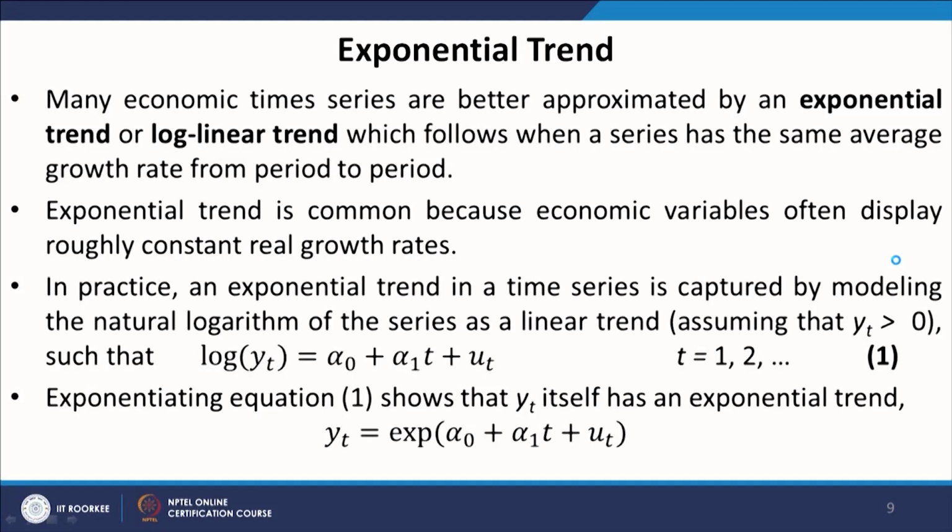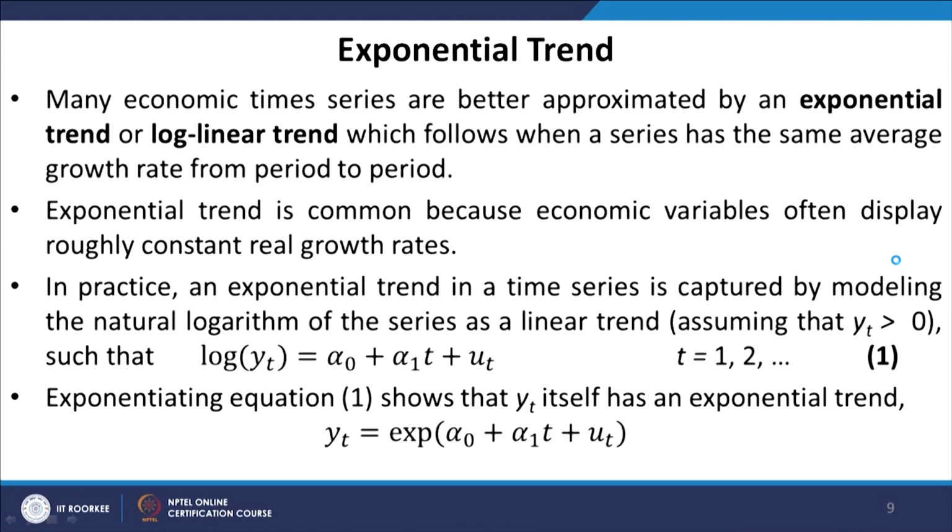Another type of nonlinear trend is the exponential trend, which is a very popular and common trend that we often use in economics, and this is popular also because it can be converted into linear form. So, many economic time series are better approximated by an exponential trend, or log linear trend as we call it, which follows when a series has the same average growth rate from period to period.